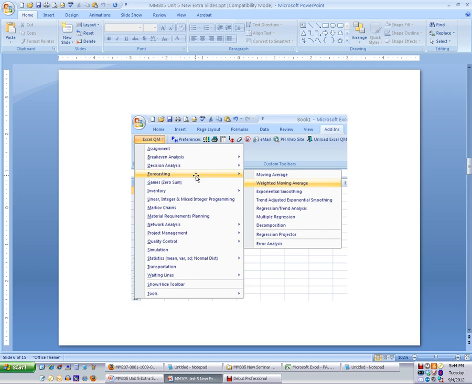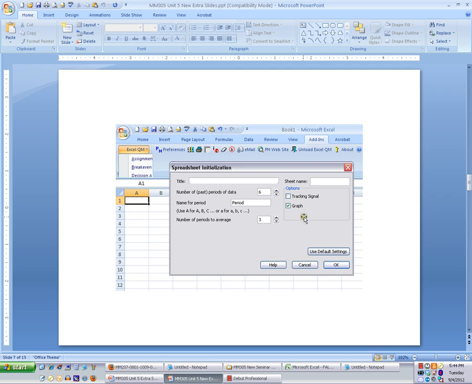Now the second technique we use is the weighted moving average. This is used similarly to moving average, but we give more weight to certain previous periods. So for example, once again we have 6 periods of data and we're doing a 3-month moving average as before.